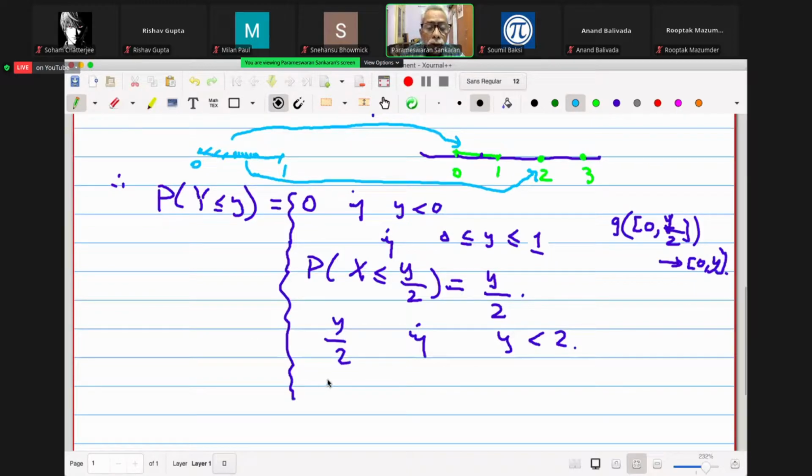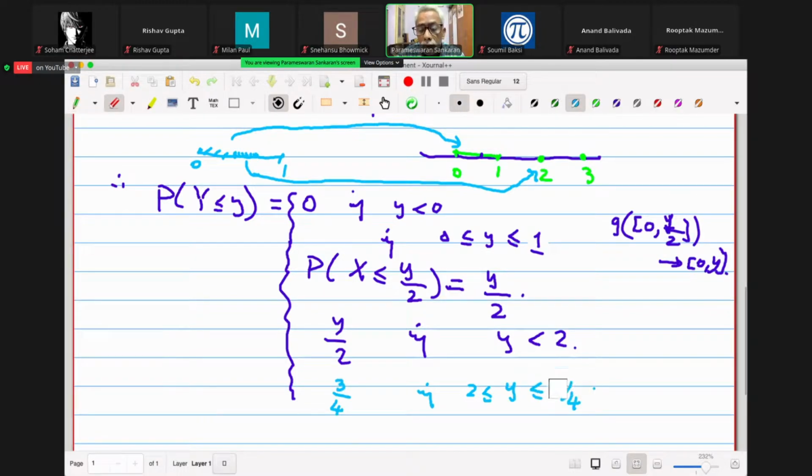So this is going to be equal to 3 quarters if y is less than 3 by 2. Okay, so 2 less than or equal to y. It doesn't really matter whether you include that or here. Um, no, sorry.